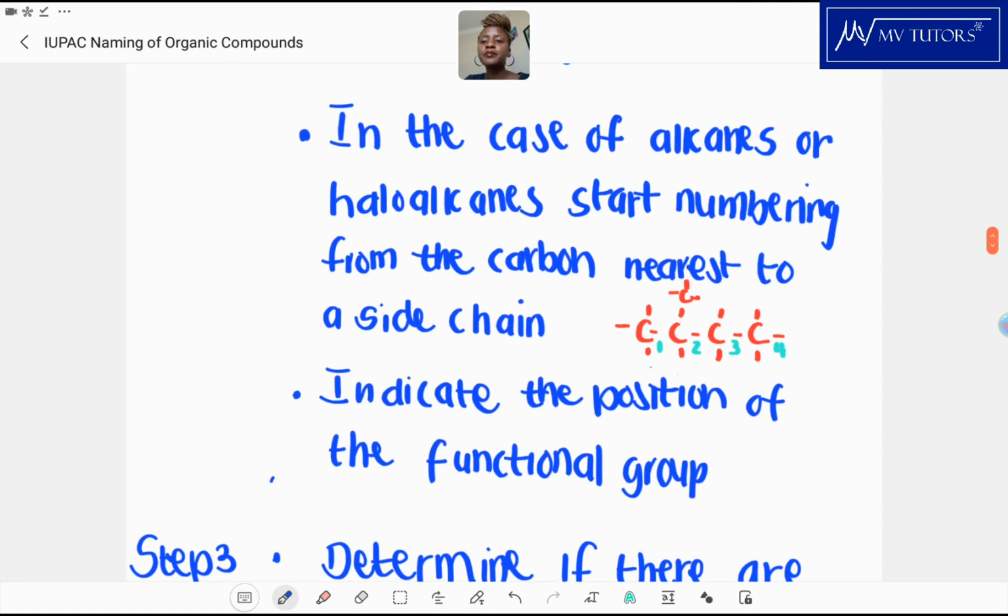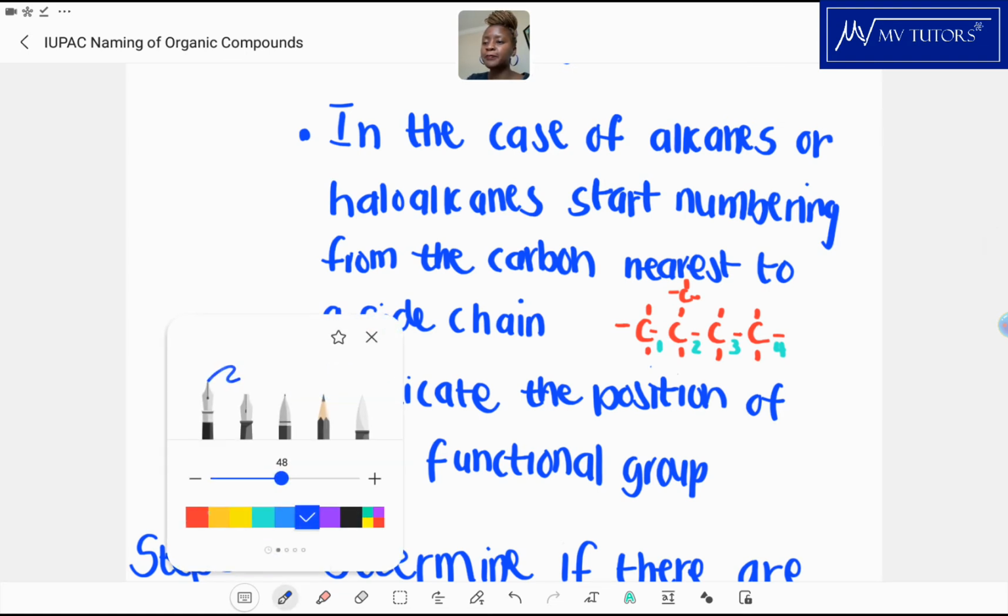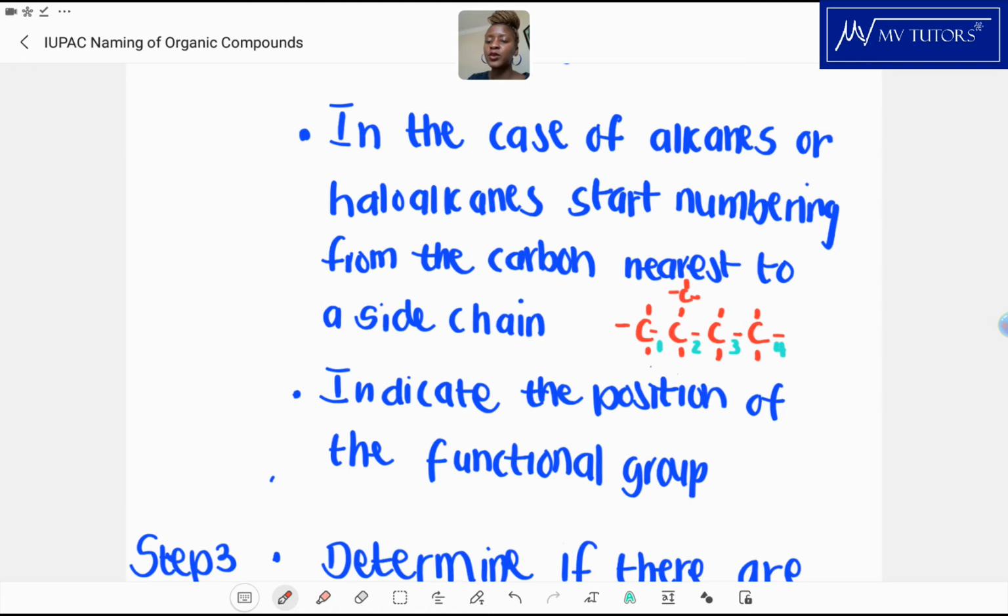So if, for example, you had, what do you call this? If you had a double bond, so functional group, in this example that would be an alkane.